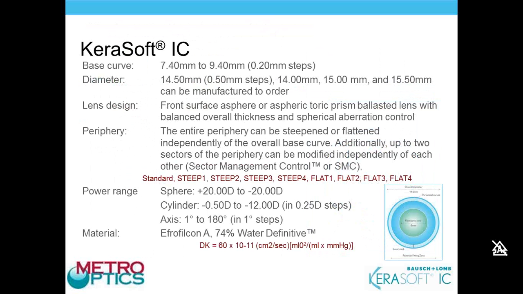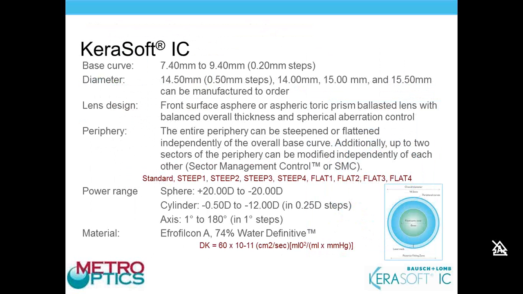They use front surface aspheric and aspheric toric optics, and that's what creates the optical effect. In essence, it's taking the irregular astigmatism and making it more regular, and that's how you can correct it with the front toric optics available in this design.